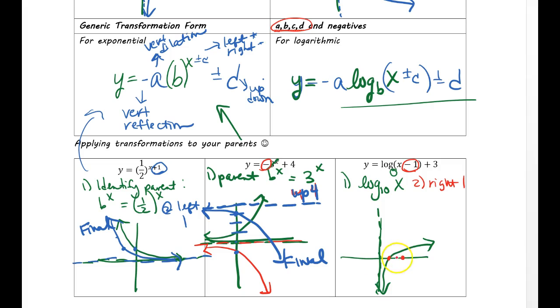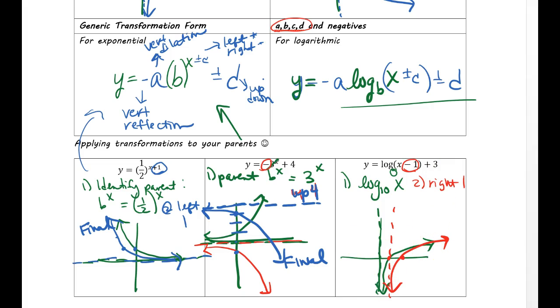But guess what else moves to the right? You see that vertical asymptote? That is still part of the graph, so I need to move it to the right also. So there is my step number 2. Everybody moves right 1. And be careful, because if you have an asymptote, it'll have to move with it, okay?